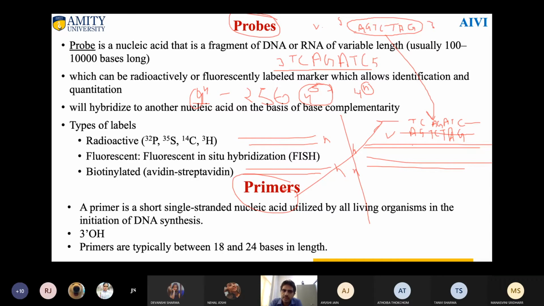A primer is a short single-stranded nucleic acid utilized by all living organisms for initiation of DNA synthesis.